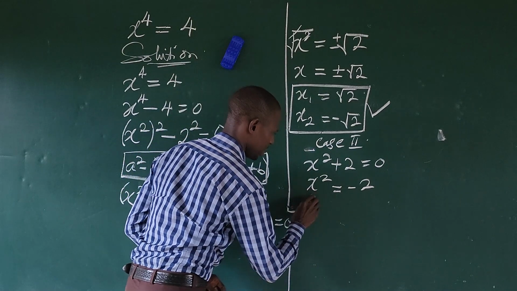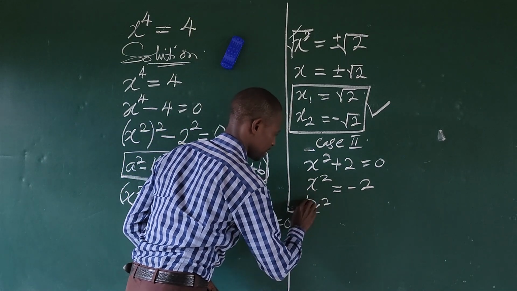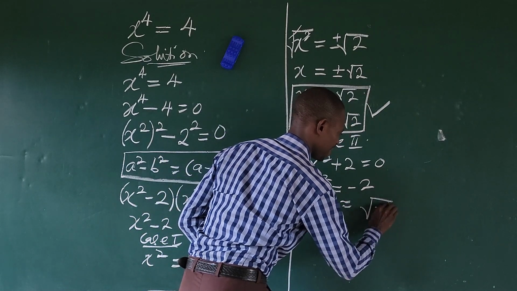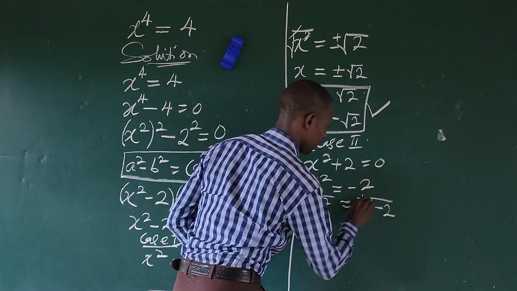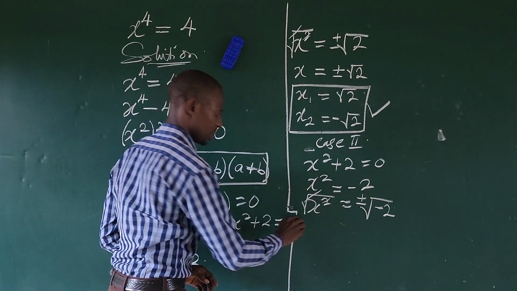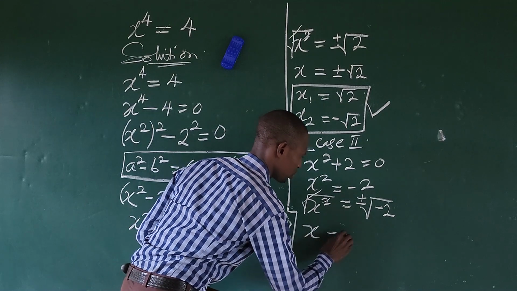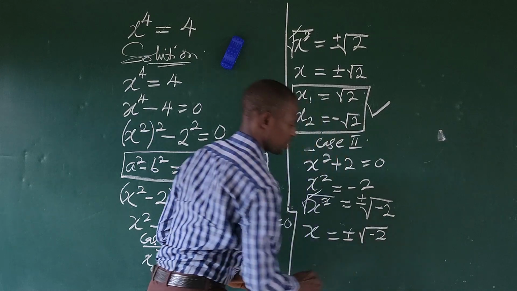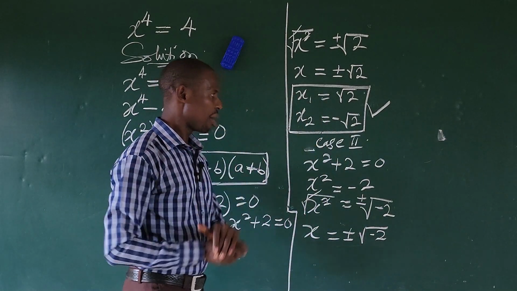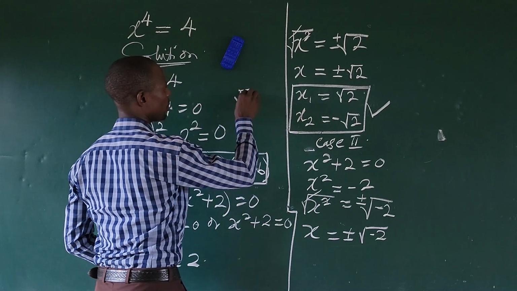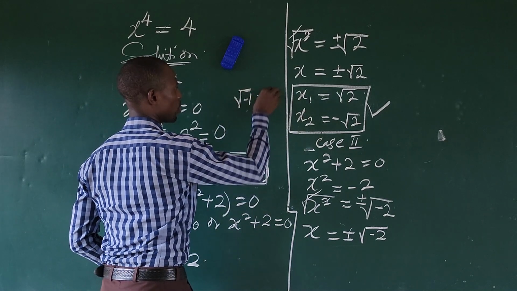So we're going to have the square root of x squared equal to the square root of minus 2, then plus minus. All right, this leaves. So now I have x is equal to plus minus the square root of minus 2. Now recall that our iota, the square root of minus 1, right, equal to what?